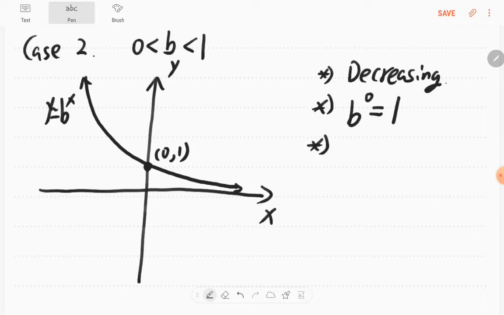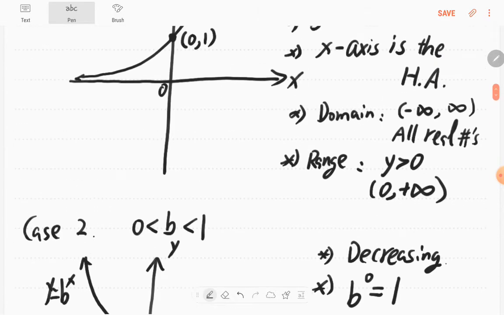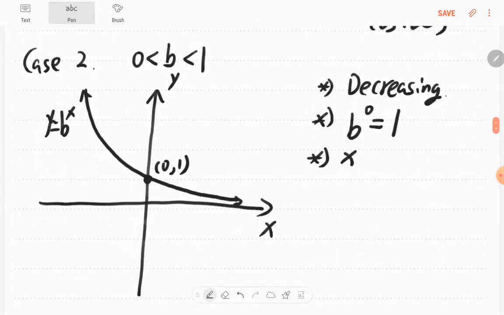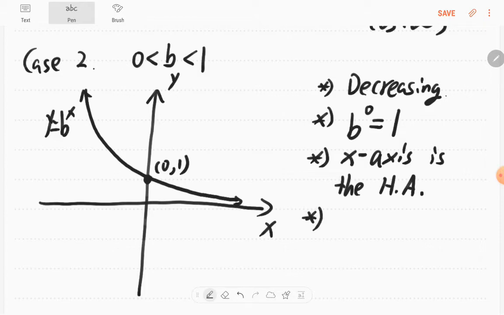Third one, the x-axis is the horizontal asymptote. The fourth one, the domain is all real numbers.